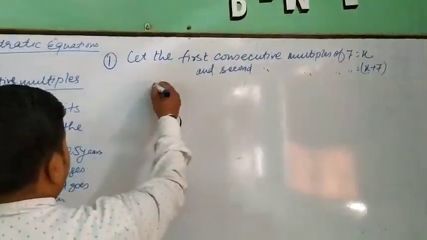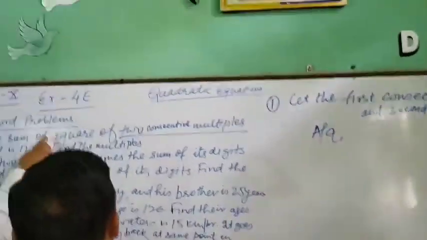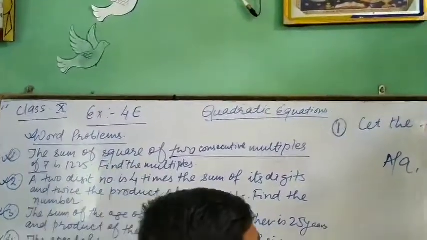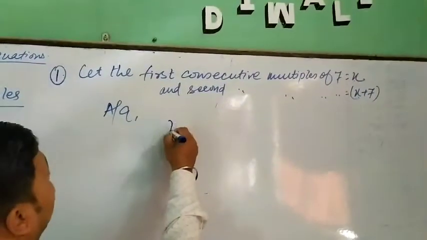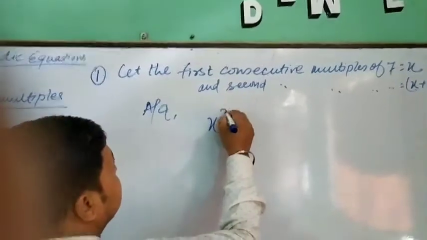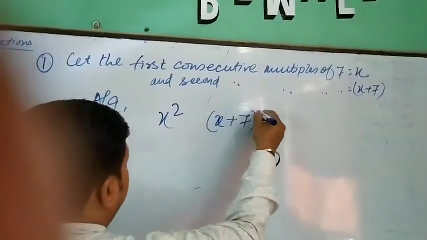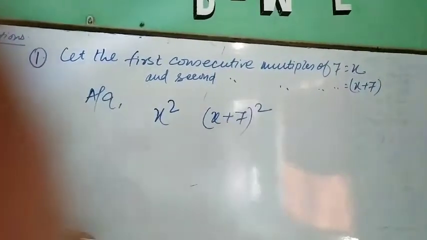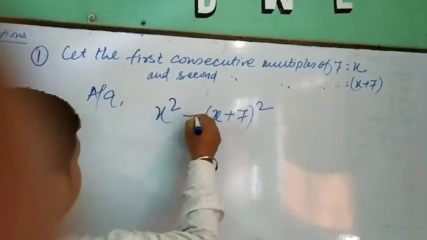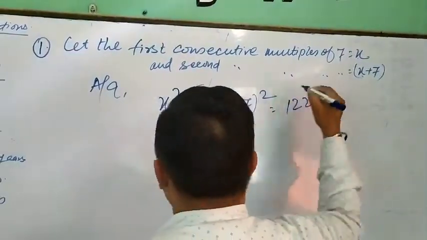Now according to the question, the sum of squares of both consecutive multiples of 7, that means x square plus (x plus 7) whole square, their sum, equals 1225.